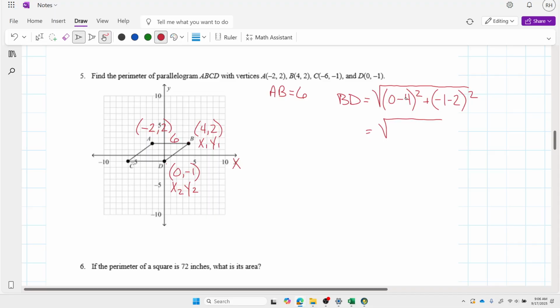And 0 minus 4 is -4 squared, 16, plus -1 minus 2 is -3 squared is 9. So we need the square root of 25. And the square root of 25 is 5. So our side BD is equal to 5.